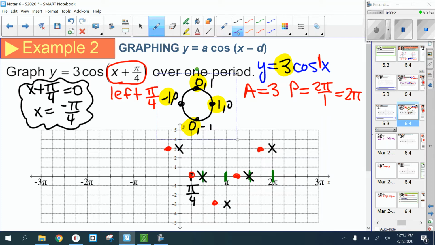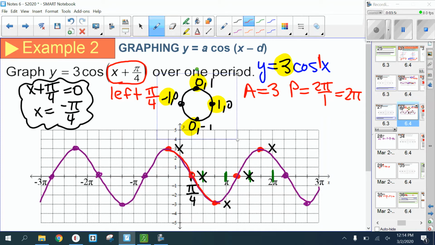Notice you can go down 3 and over 2 tick marks, and down 3 and over 2 tick marks here and here, here, finish it with a nice smooth curve through.